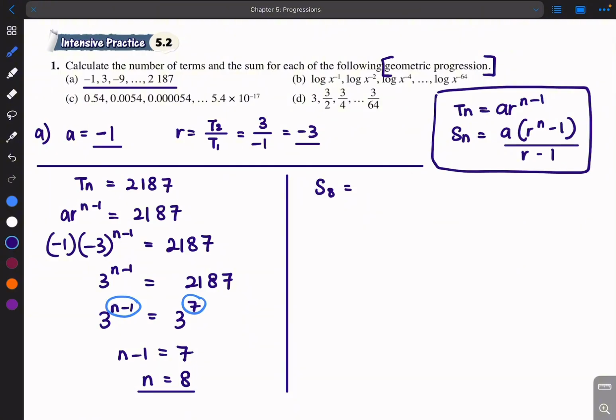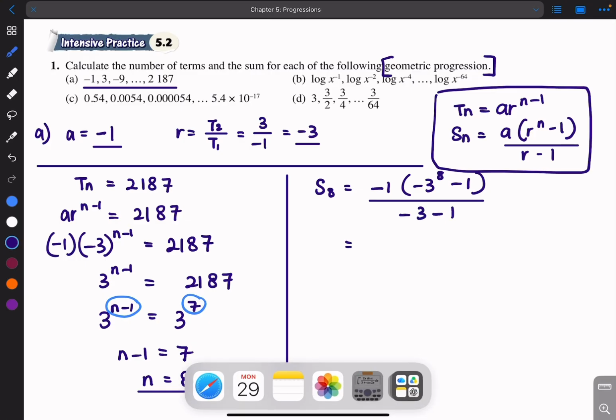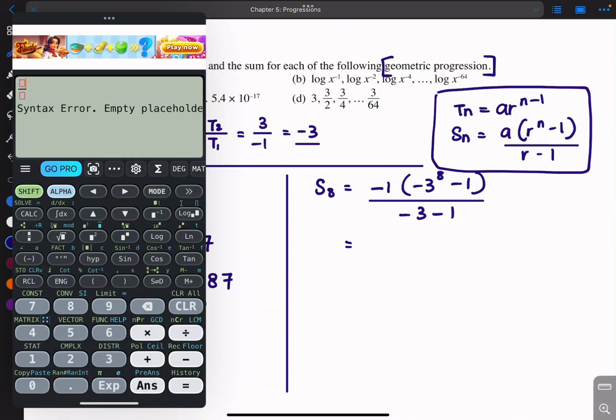So Sn would be this formula. So S8, here we put 8. So we just sub it in lah. a(r^8 - 1) over r - 1. Oops. Negative 1 times negative 3 power 8.